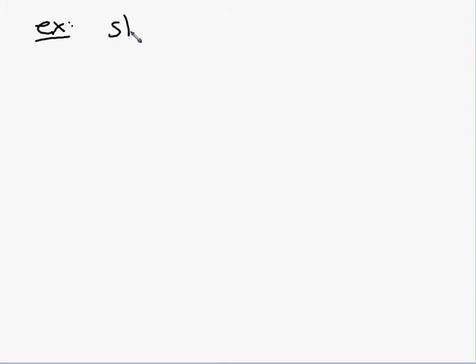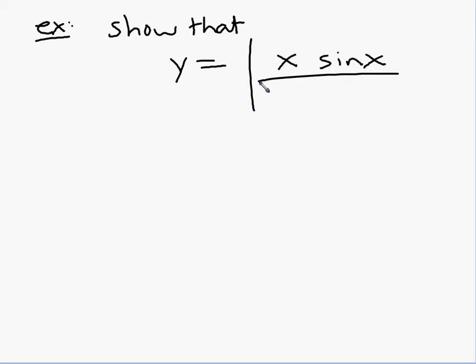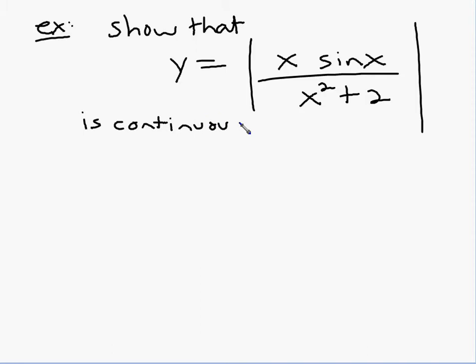Show that this ugly beast, y equals the absolute value of x sine x all over x squared plus 2, is continuous. It's amazing how I can call these functions mean and nasty names and they just never reply. But that's okay. That's the world of math that we live in.